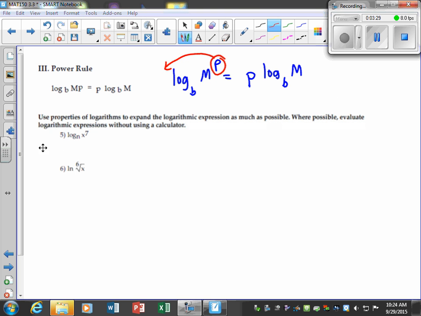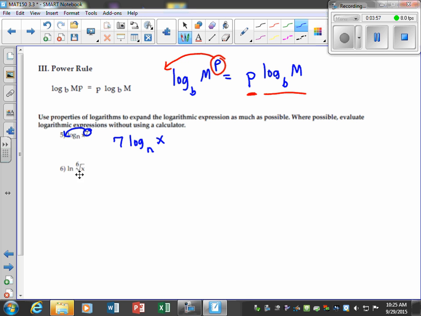Okay, let's practice using this power rule with number 5 and number 6. This exponent can be moved to the front and we get 7 log base n of x there. Alright, number 6, we need to rewrite this because it's not in exponential form.